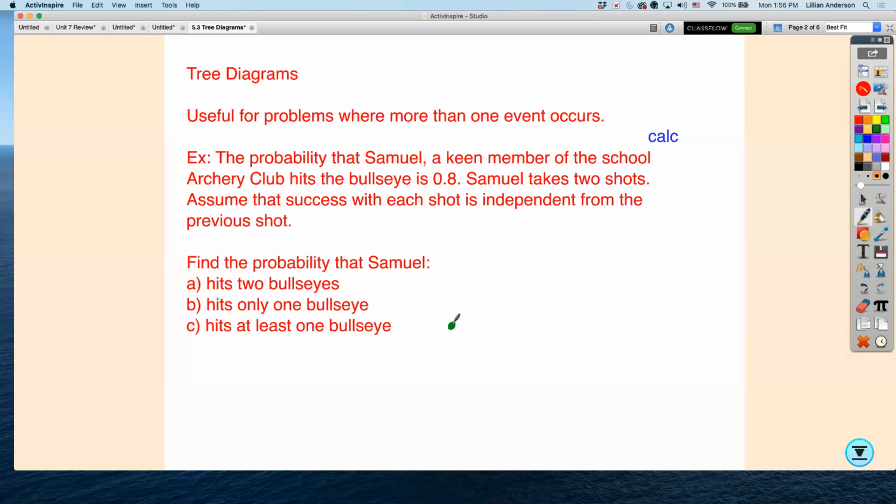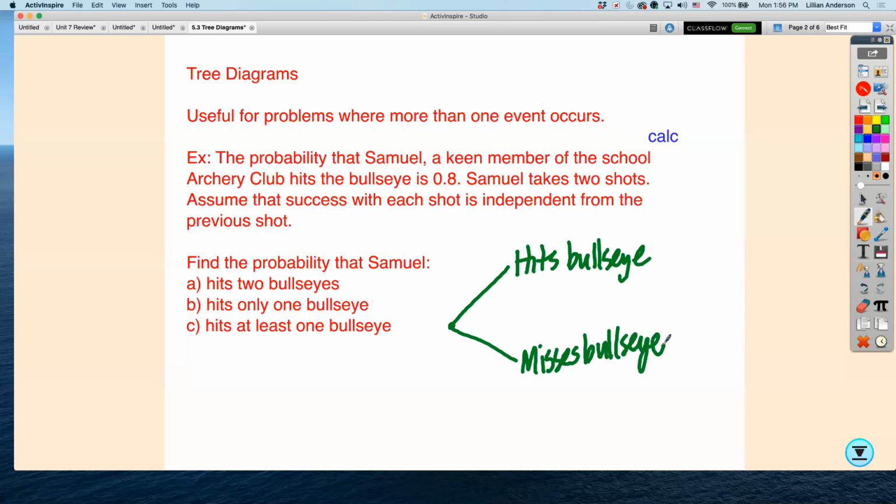He's either going to hit the bullseye or not hit the bullseye, which means that there are 2 different outcomes that can happen. He either hits the bullseye or he misses the bullseye. The number of branches you have depends on the number of outcomes that can occur, right?